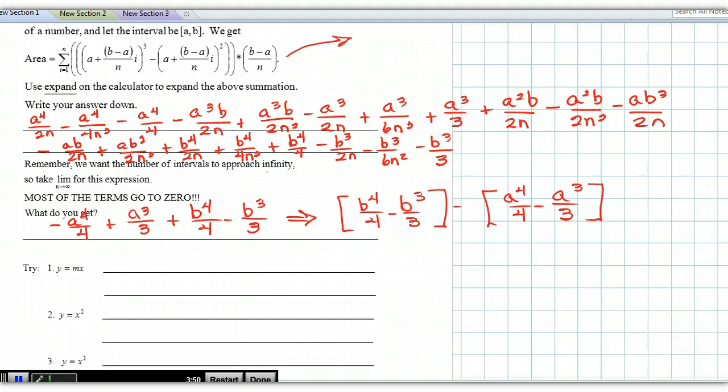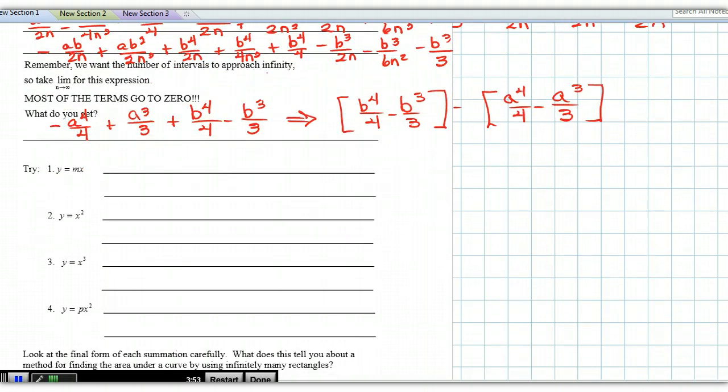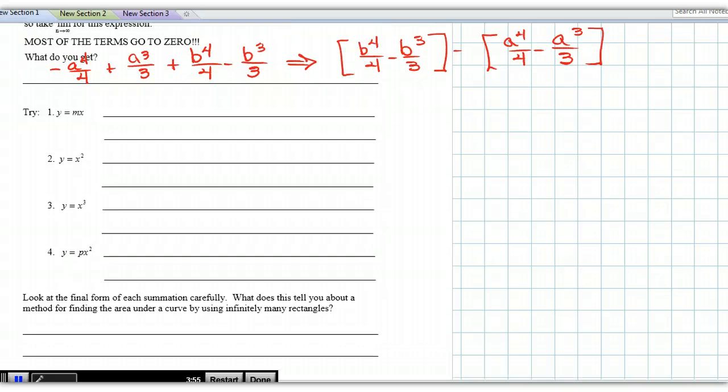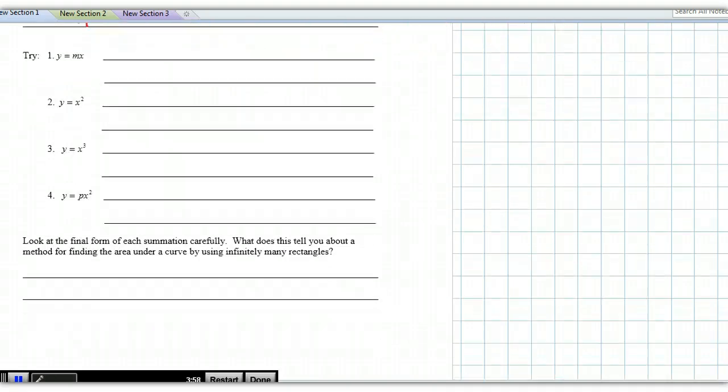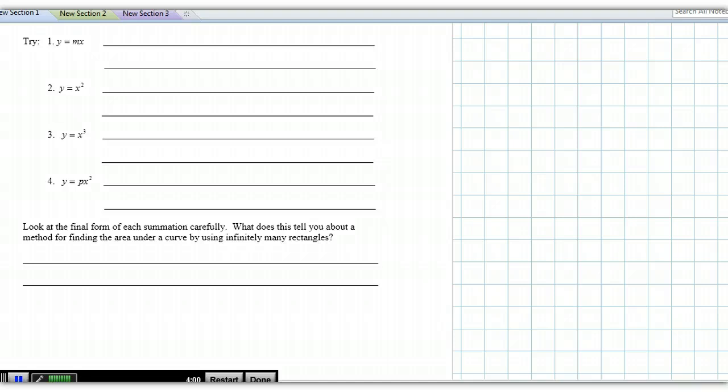Now let's try y equal m times x. Now writing the summation out, we're going to take the summation from i equal 1 to n, substituting a plus b minus a over n times i into our function.